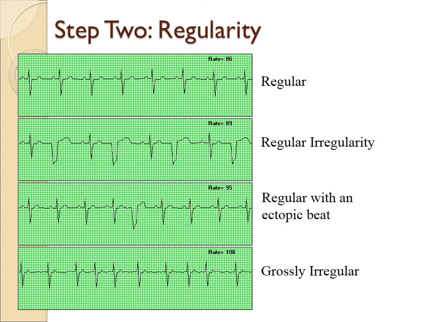You don't know that yet, but it's a regular irregular. And then at the very bottom, that's an atrial fibrillation, and it's very irregular. You don't see the P running regularly. You don't see the QRS marching out regularly, and so that would be irregular.